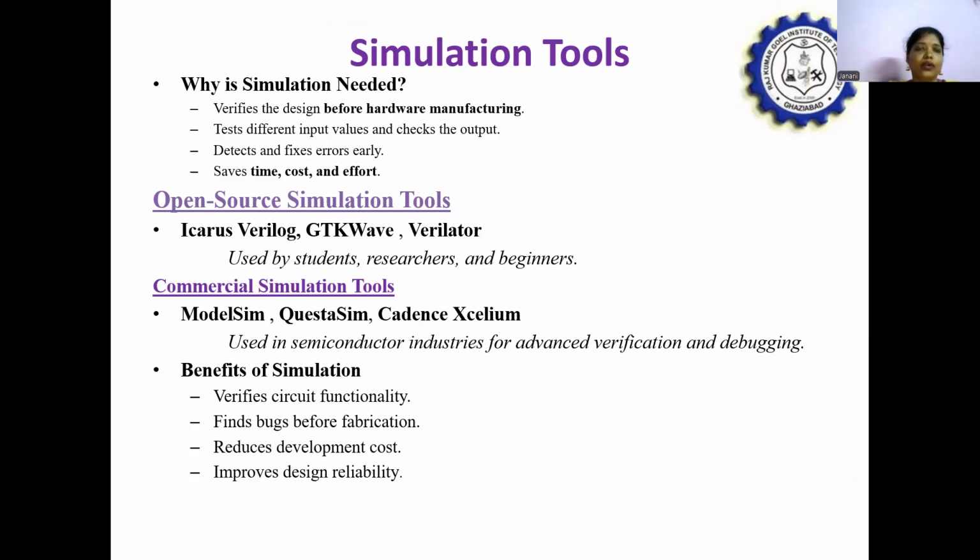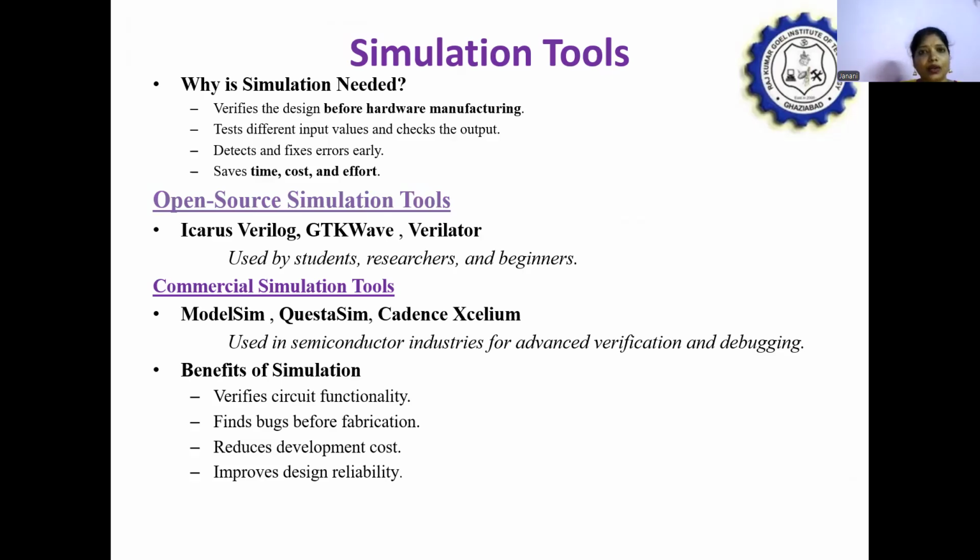Next, some open source simulation tools available are Icarus Verilog, GTKWave, and Verilator. These are used by students, researchers, and beginners. Some commercial simulation tools are also available: ModelSim, QuestaSim, Cadence, and so on. These tools are mainly used in the semiconductor industry for advanced verification and debugging.